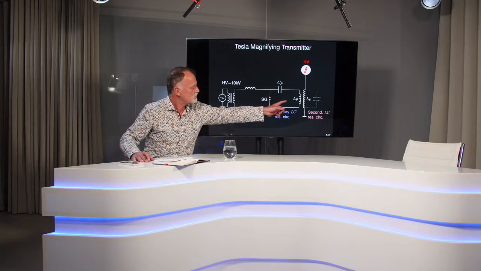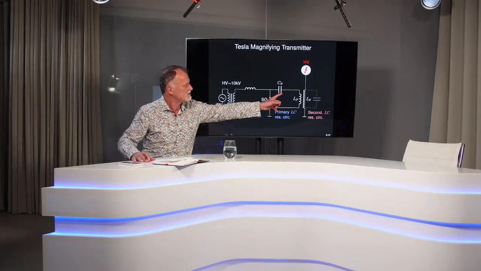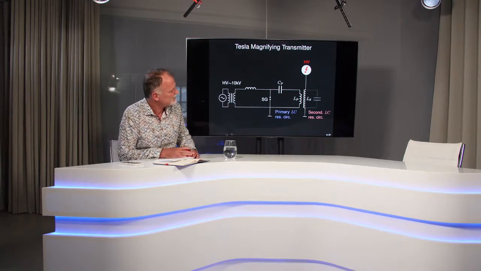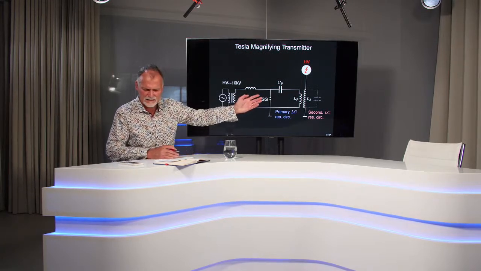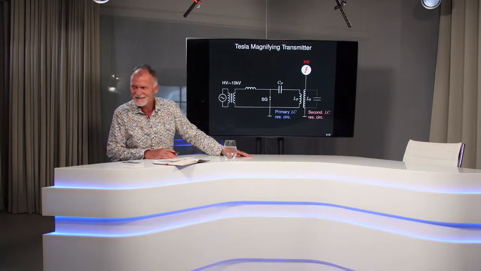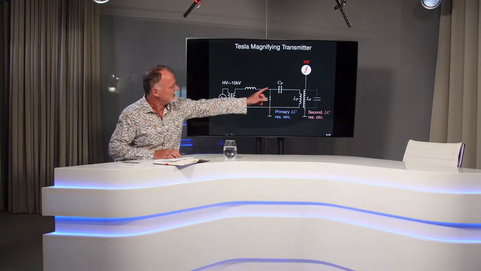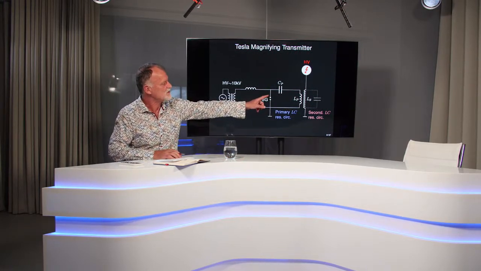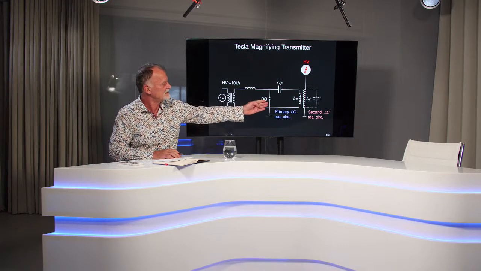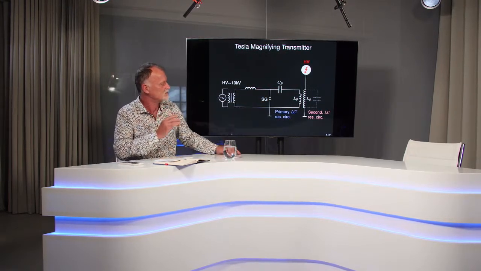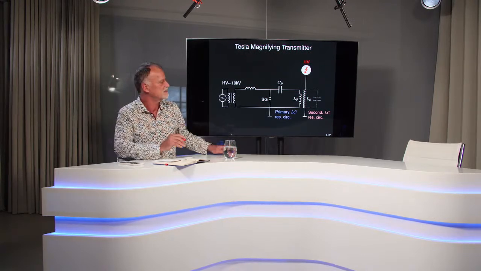There is also the secondary coil, which has many more turns and a higher L, the higher inductance. The coil has high inductance, but there is no C, no capacitor, or rather the capacitor is parasitic in this case, right? Because there is interwinding capacity and so on.